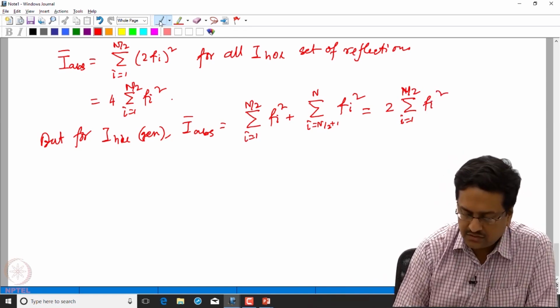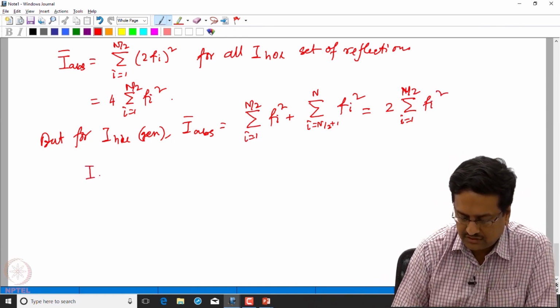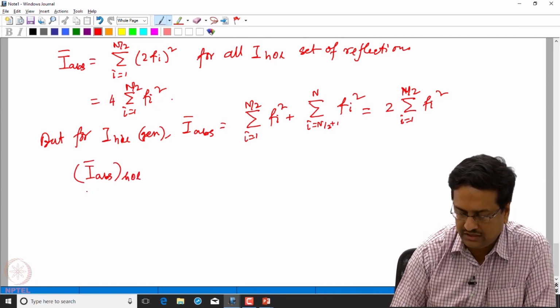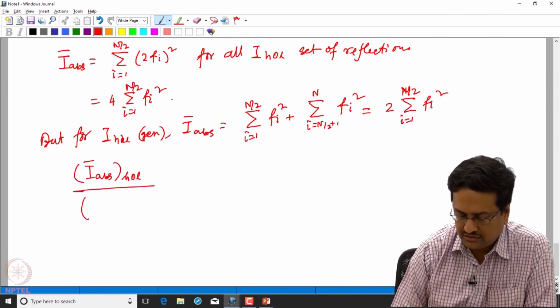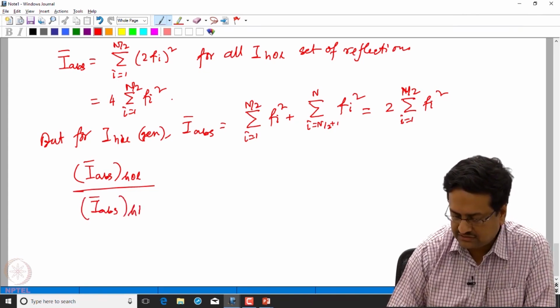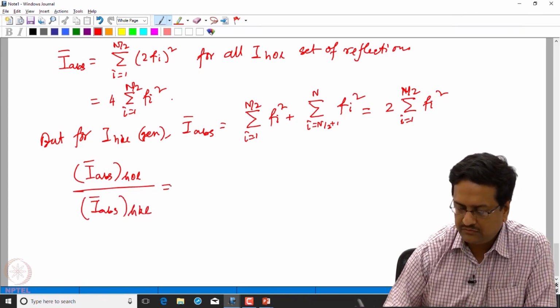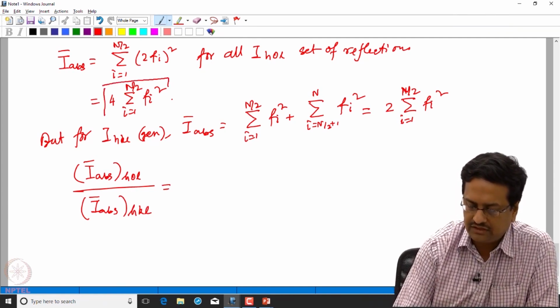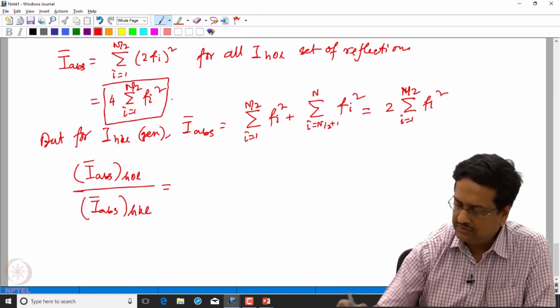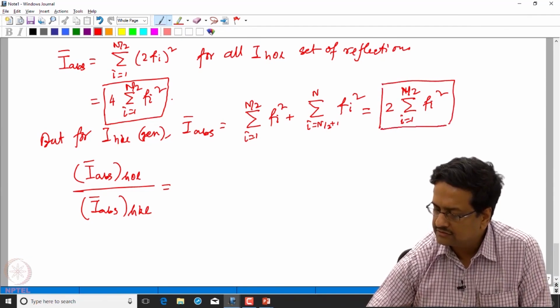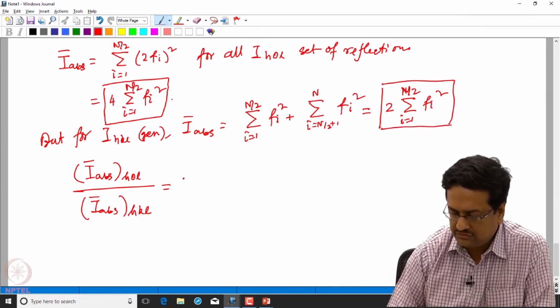So if I take now the average of I abs for the set of reflections with indices H0L to the I abs for the set of general reflections HKL, what we get is nothing but this quantity divided by the quantity here. So the number comes out to be just 2.